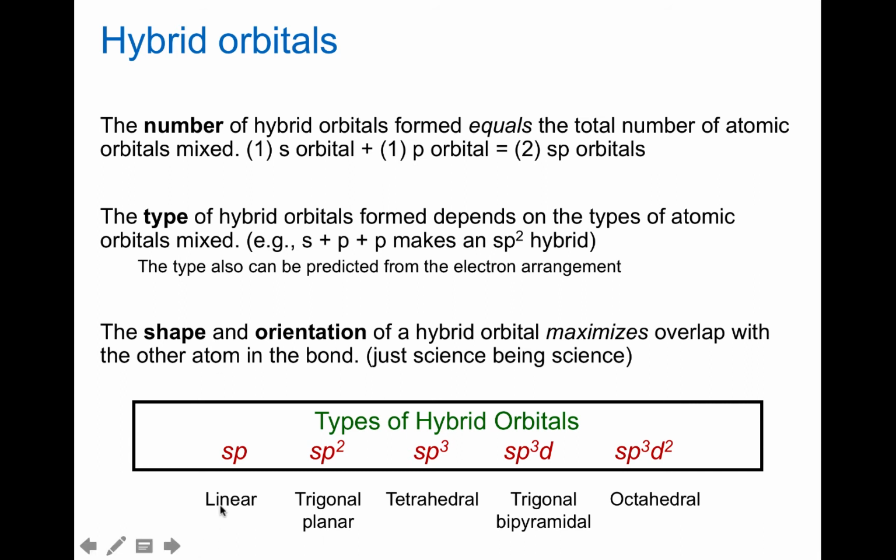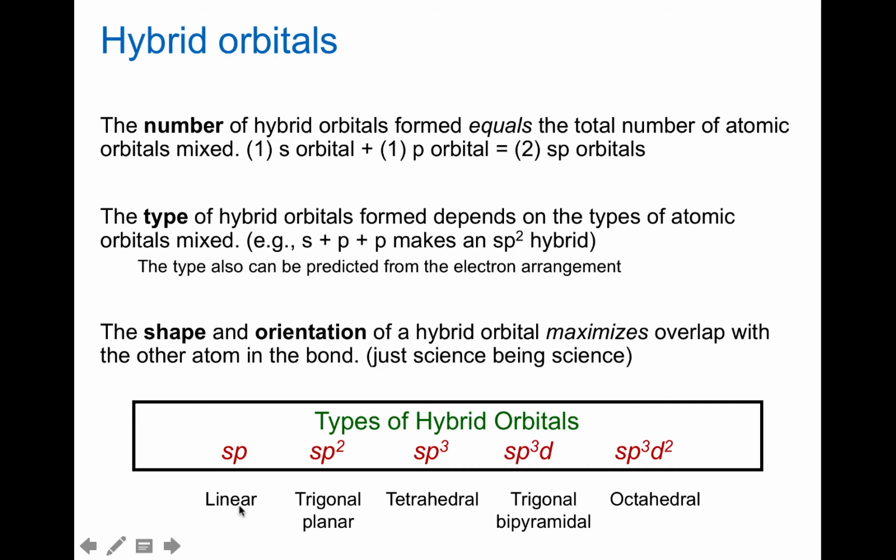If the atom has a linear electron group arrangement, it has sp hybridized orbitals. If it's trigonal planar, it has sp2 hybridized orbitals. If it's tetrahedral, sp3; trigonal bipyramidal has sp3d; and octahedral has sp3d2. The way I like to remember it is that the letters I need to write down correspond to the number of electron groups.